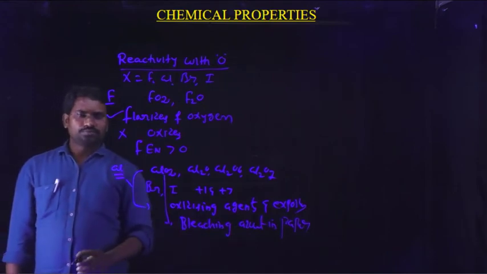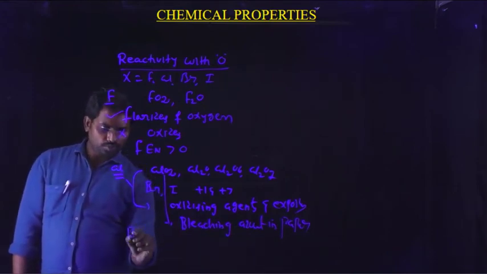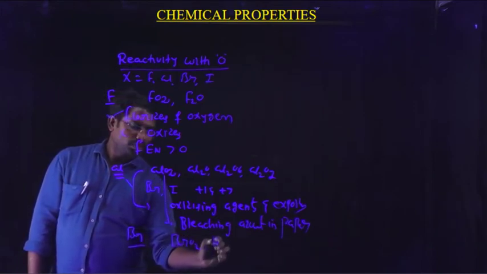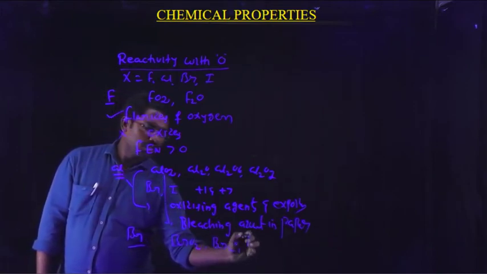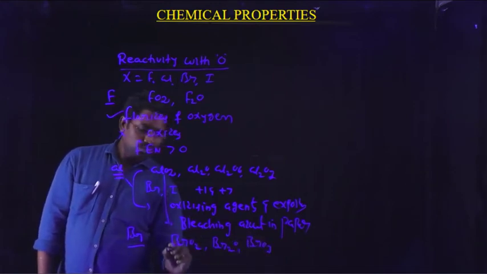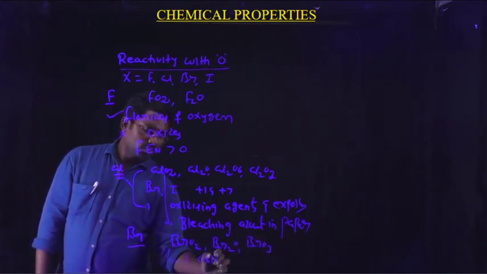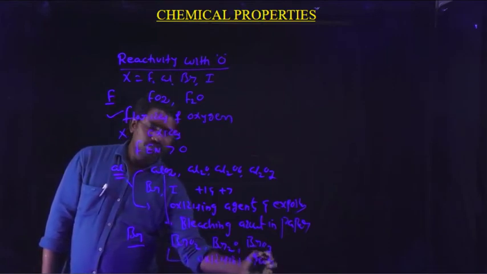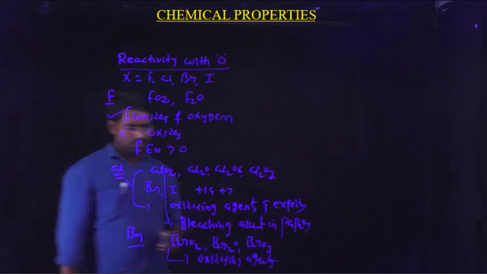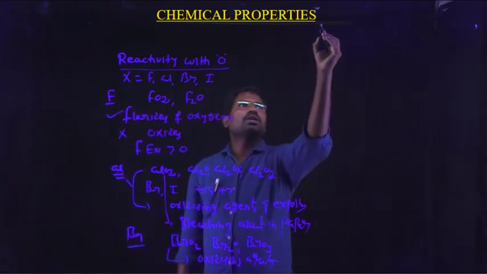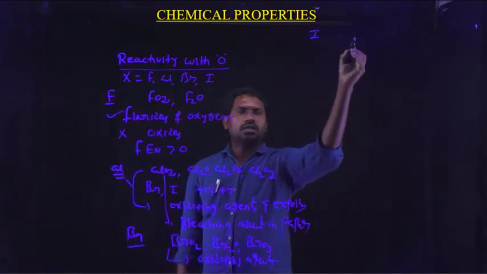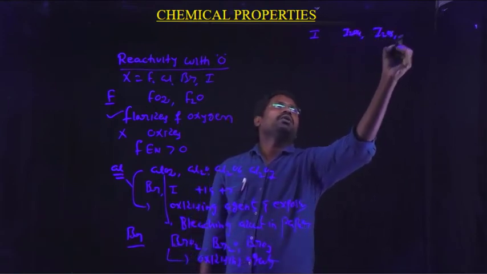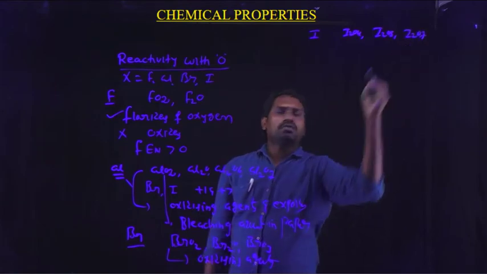So come to the oxides of bromine. Bromine also forms the oxides BrO2, Br2O and finally BrO3. These also have oxidizing nature. In the case of iodine, iodine also reacts with oxygen to form I2O4, I2O5 and I2O7 types of oxides.